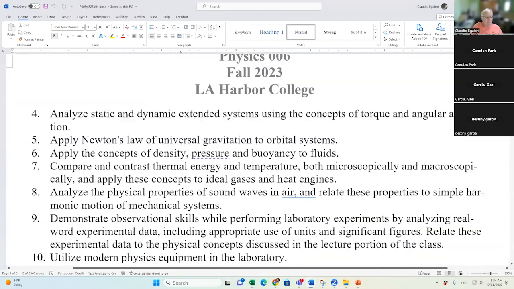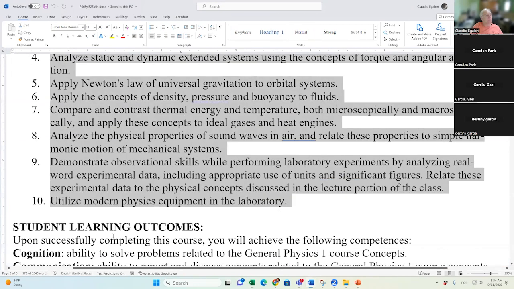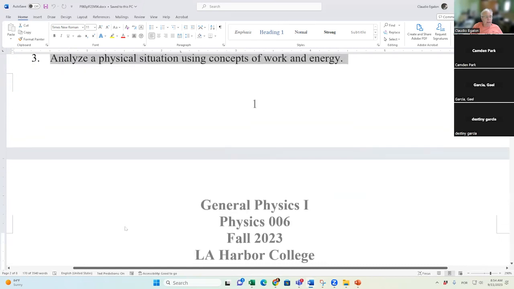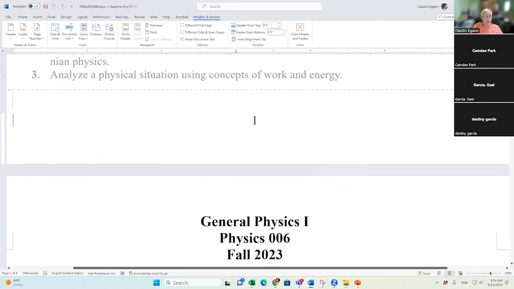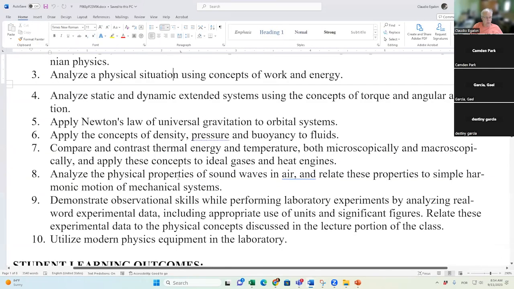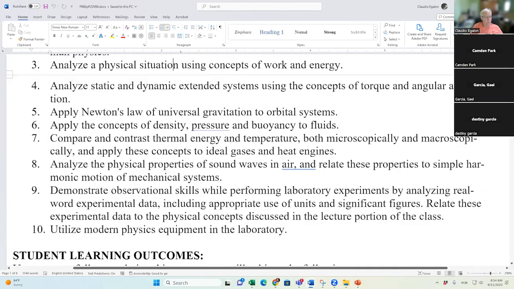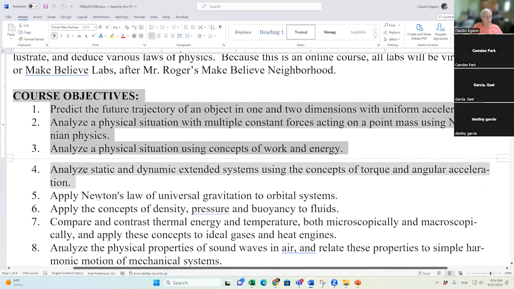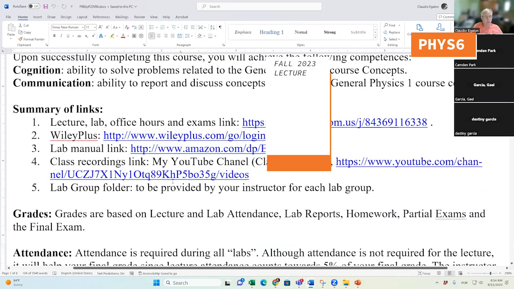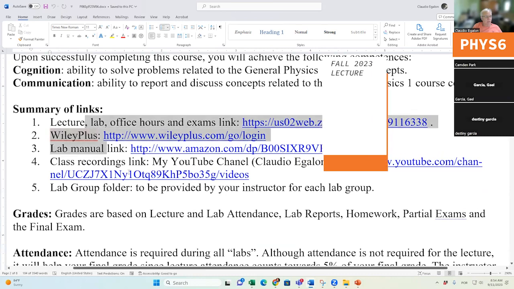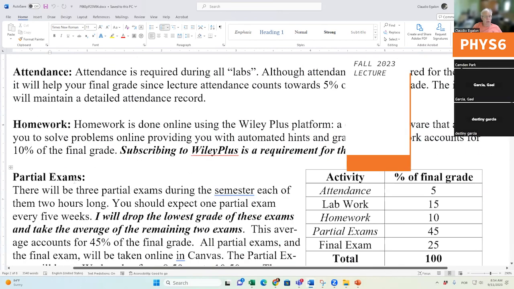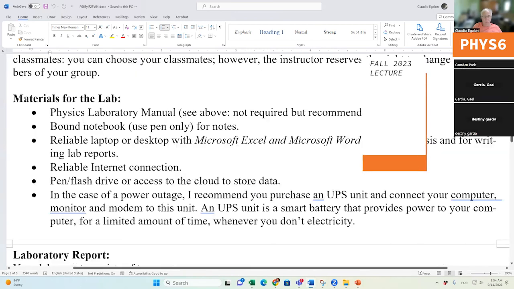So I managed to find it and pasted that into the document that's now there on Canvas. That was the only thing that was missing from the syllabus. We have a summary of links, and so on.